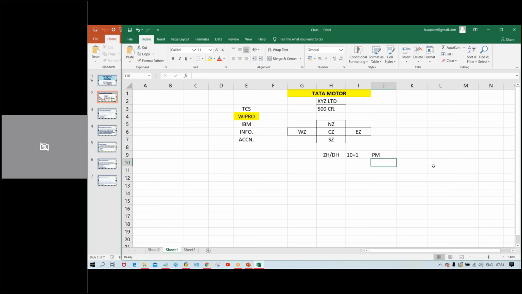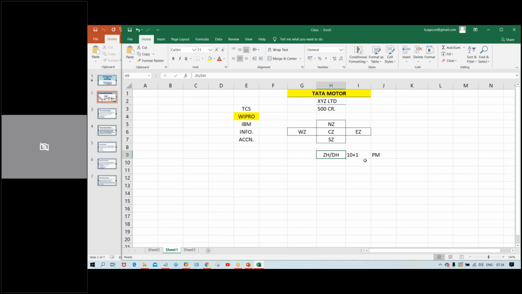So the zonal head hires a project manager, who is going to handle this entire Tata Motor project. This project manager will be the head of this particular project. If the zonal head is like the prime minister, the project manager is like the chief minister, the head of the state, right?